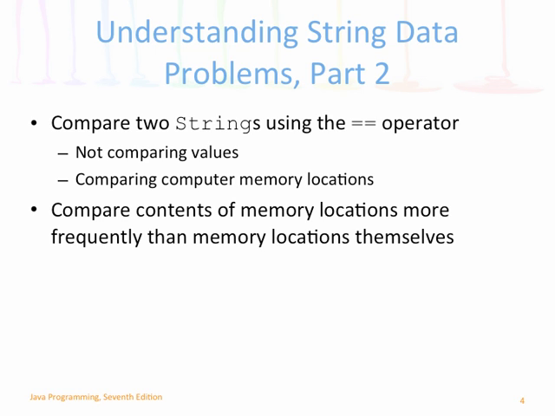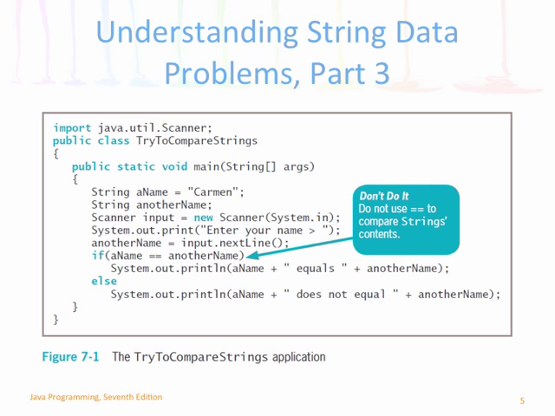But if you're looking at reference types, what's stored at that location is a reference, an address, and not the contents of the string itself. So what you're comparing is two memory locations, not what is stored there. To compare the contents of strings, we have to use a built-in method, which we'll see in a minute.